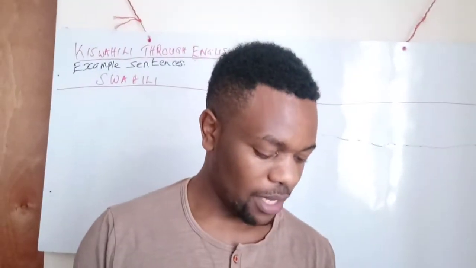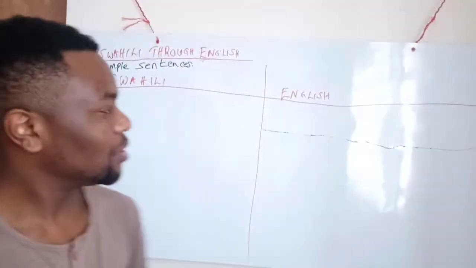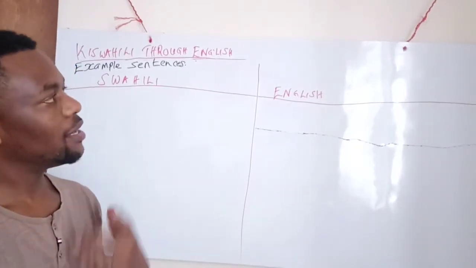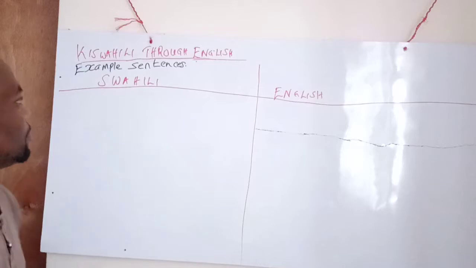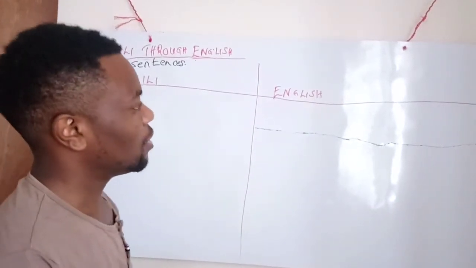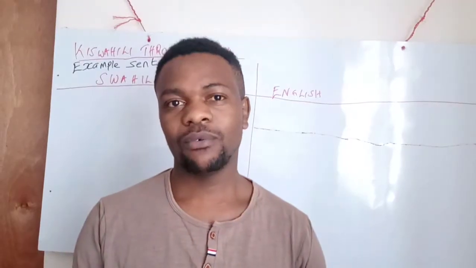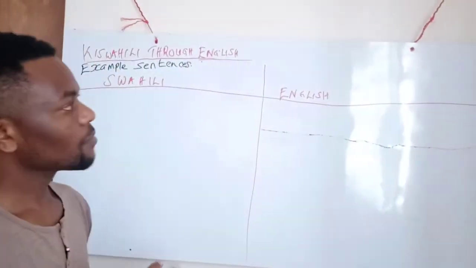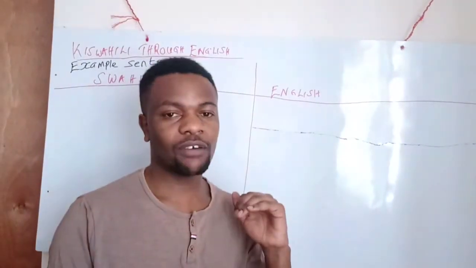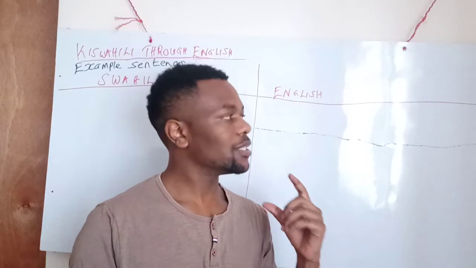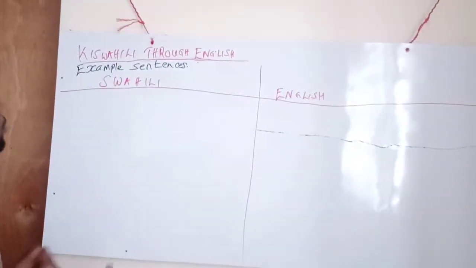For those who might not have seen that episode, kindly check back in our videos in this channel, and I believe it will be of great help to you. Also, I would recommend that watching that first episode is quite important, because it has some basics of understanding the Swahili language that we'll be using in this particular lesson.